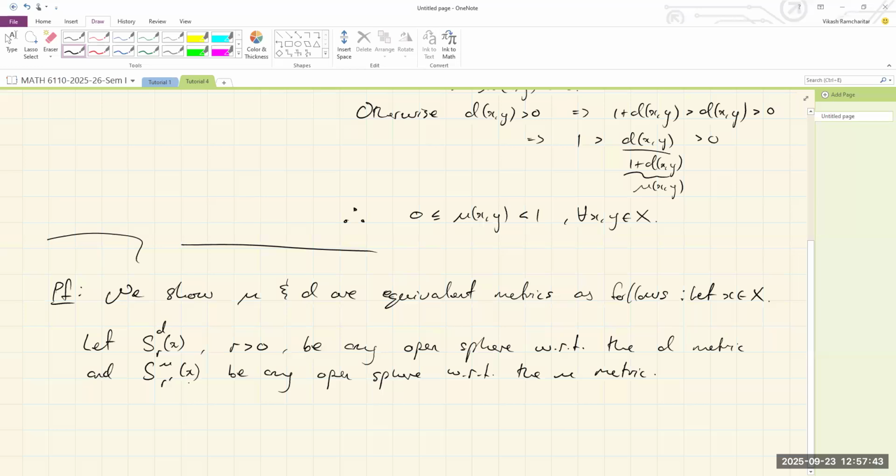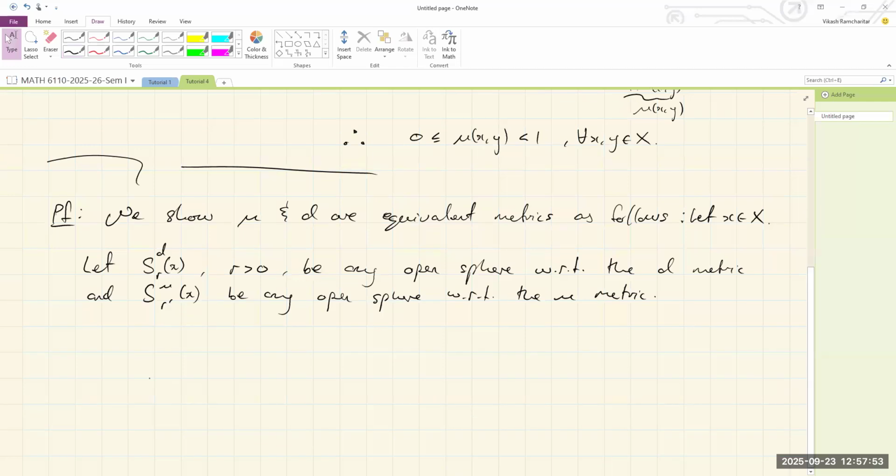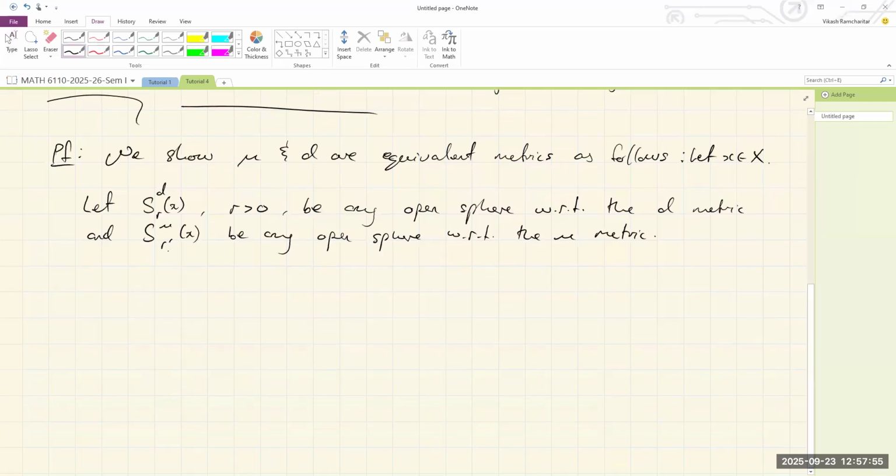These two open spheres, notice they are both centered around the same point x. But the radius for the one with respect to the mu metric is different. It's r prime. So in these proofs, we just need to choose r prime in a specific way.